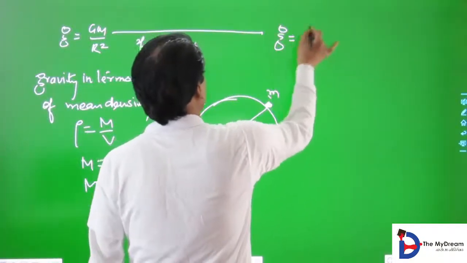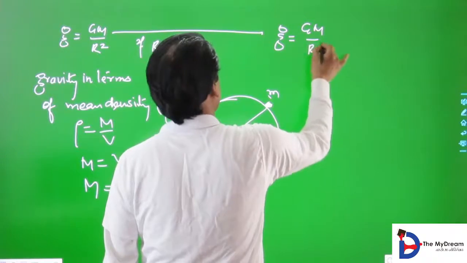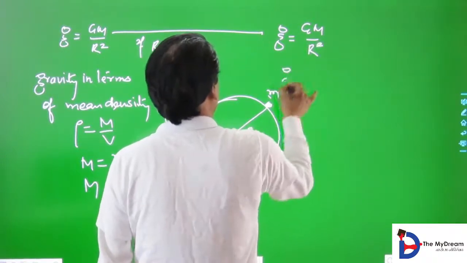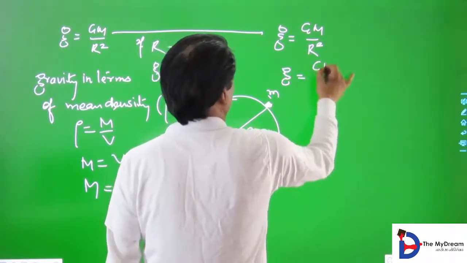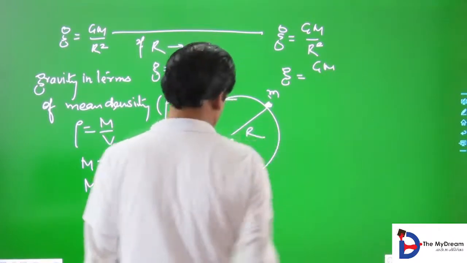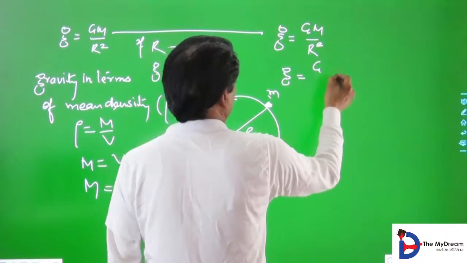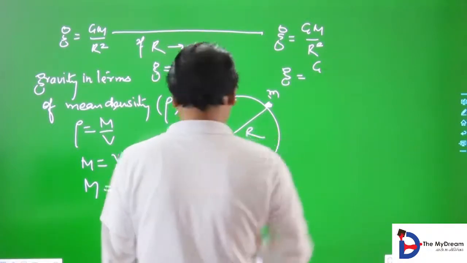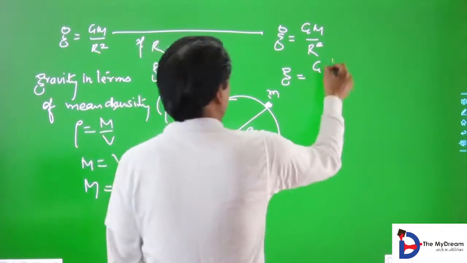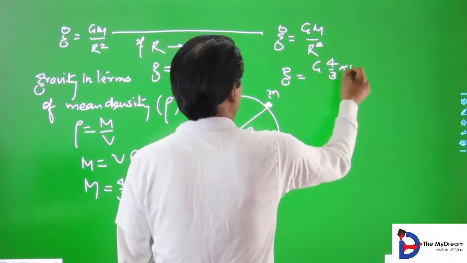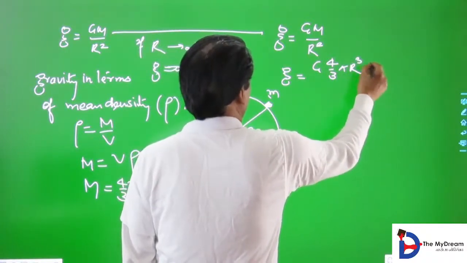Small g is equals to gm by r square. It can be gm by four by three pi r cube into rho.